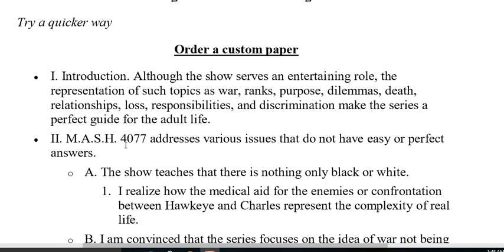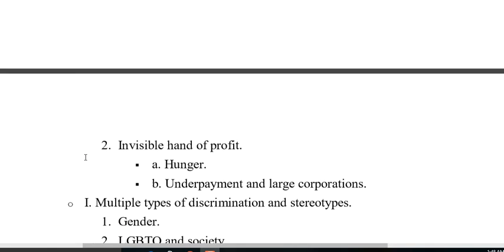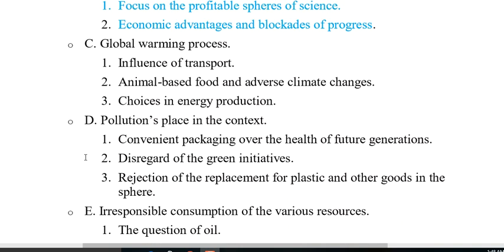MASH 4077 addresses various issues that do not have easy or perfect answers. Clear? Now it is a full-length paragraph, whereas if you compare it with the previous outlines, you don't find it.